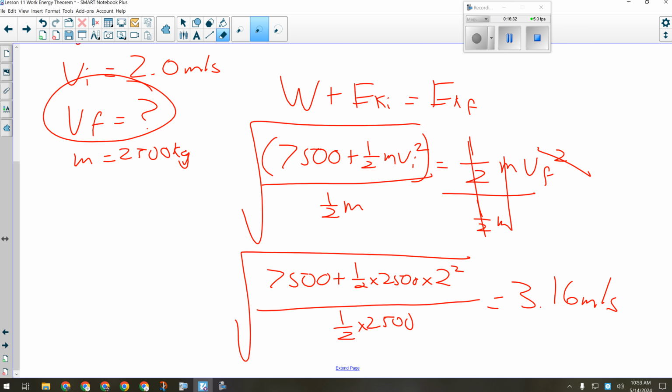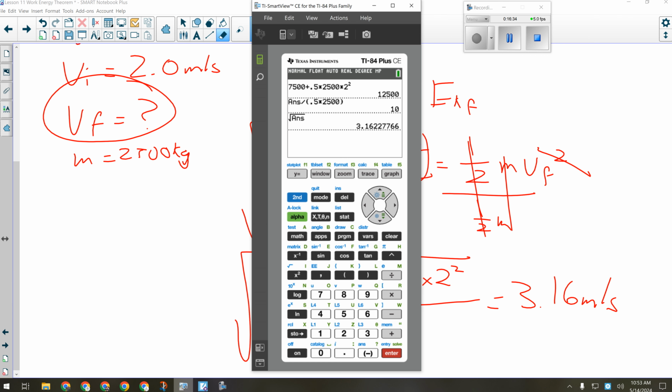So the way I did that on the calculator is typically the way I do things, one step at a time. If you're really conscientious and really good with your calculator, you could do it this way. Whoop. See, I'm not even conscientious enough on my calculator to do it this way. 2500 times 2 squared and bracket divided by in brackets 0.5 times 2500 bracket.